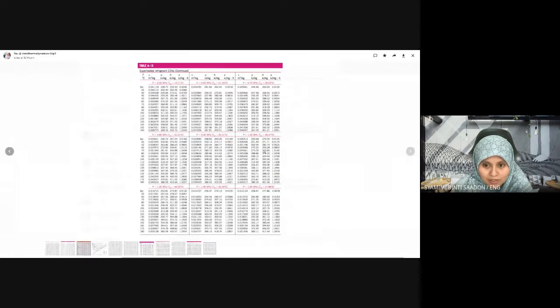So we have enthalpy around 303.85 kilojoule per kilogram.